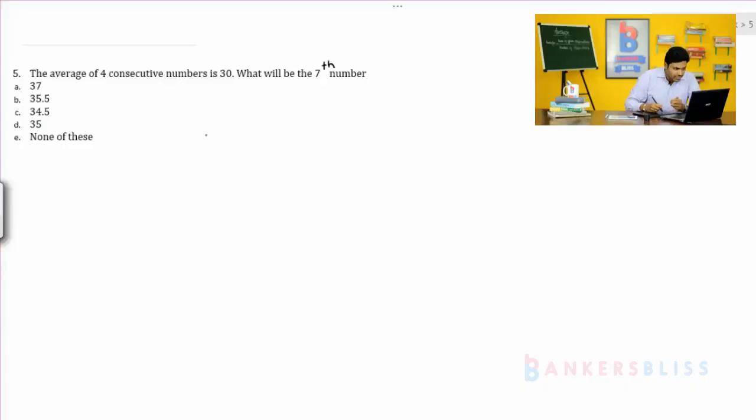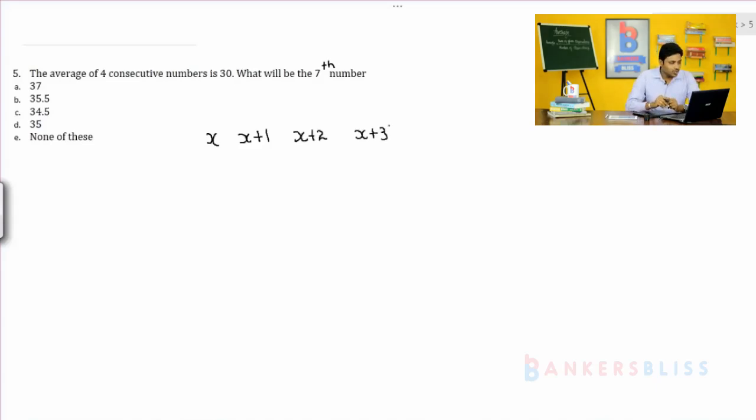So let us consider the first number as x. The next number will be x plus 1, the third number x plus 2, and the fourth number x plus 3, each 1 more than the previous.